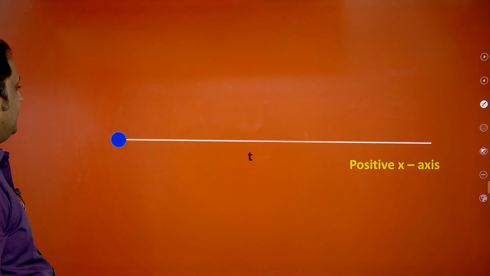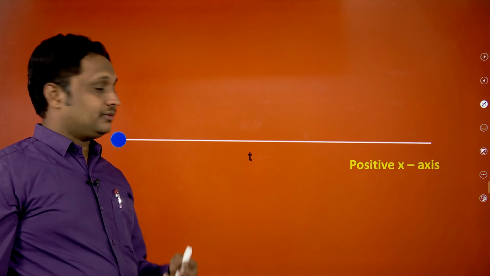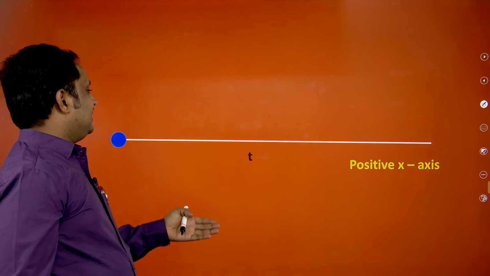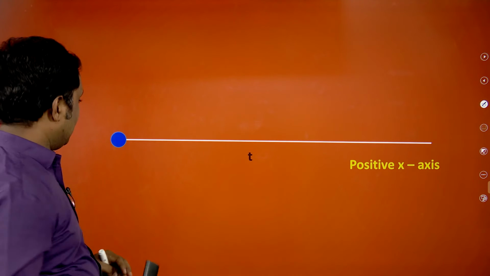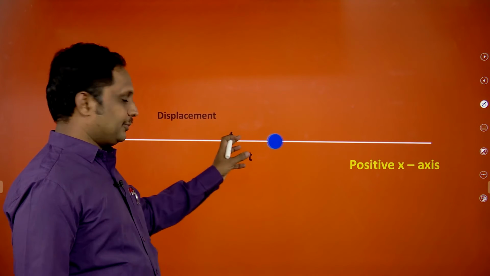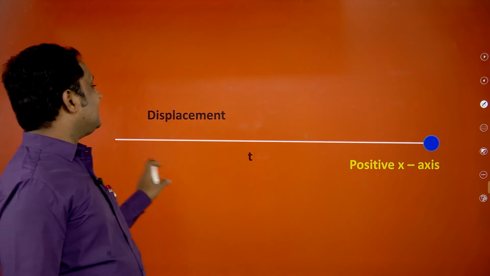Generally we are going to talk about motion along one dimension. You have to confirm, we would like to get the x-axis, motion along the x-axis. If it is going to have the displacement along the x-axis, now, as the time increases, what about that?